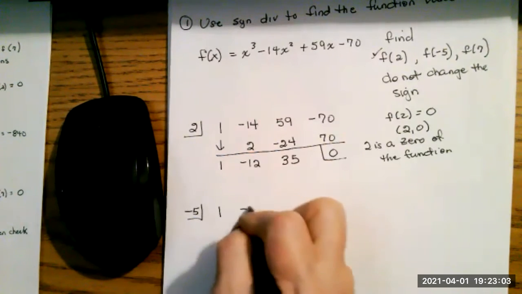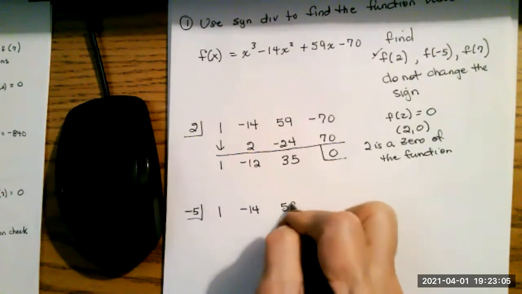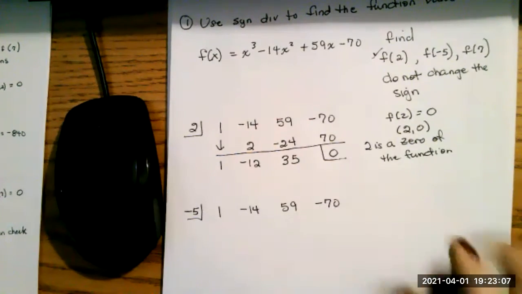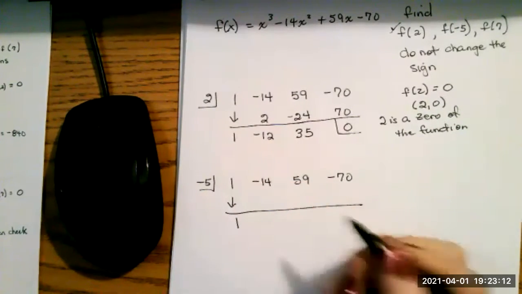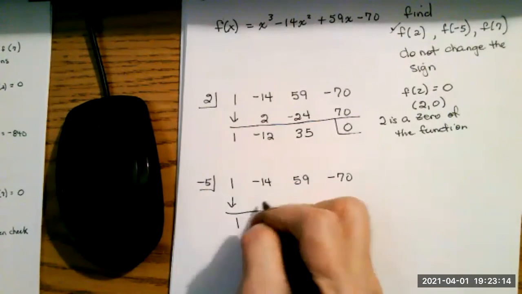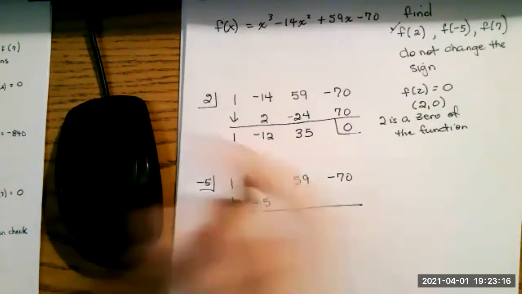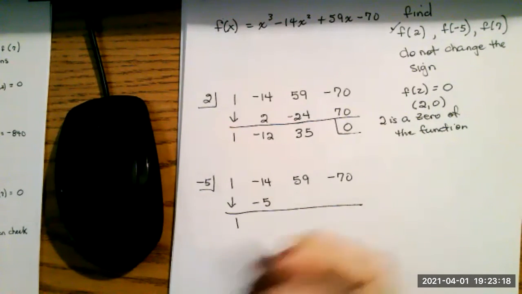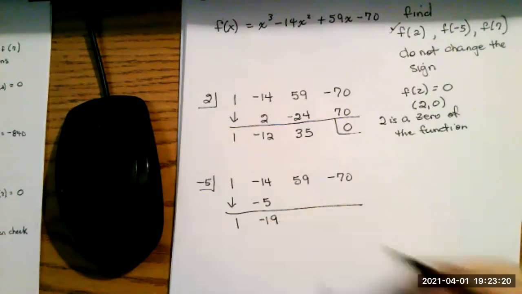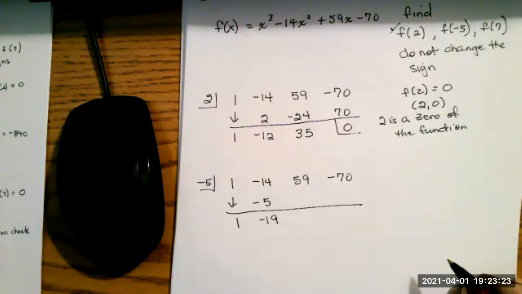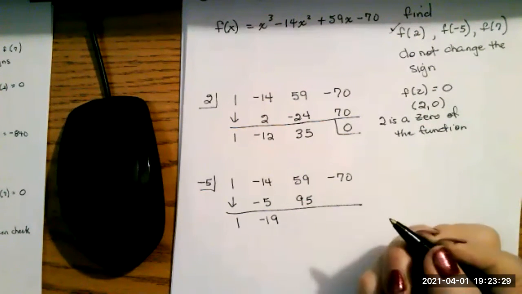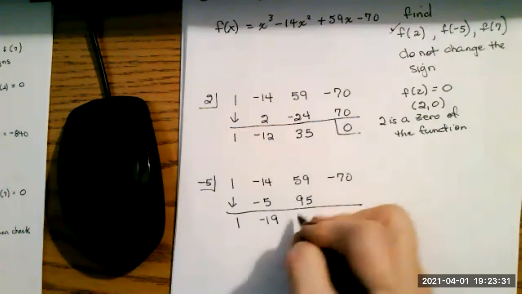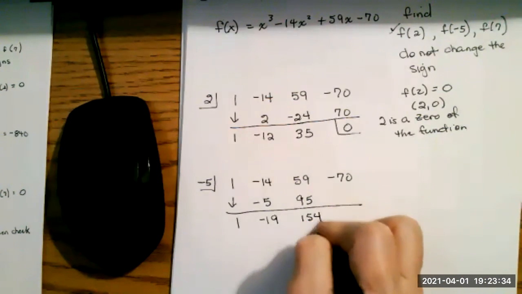1, negative 14, 59, negative 70. Bring down your first one. You have negative 5, so you get negative 19. And 5 times negative 19 is 95. Is that right? Yes, ma'am. So you get 154.